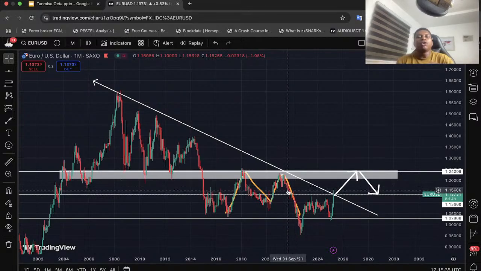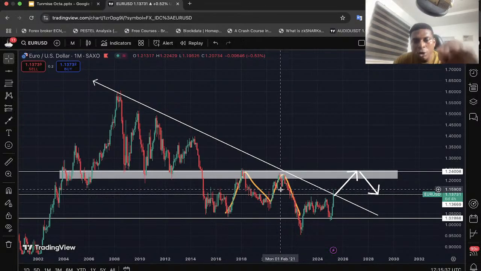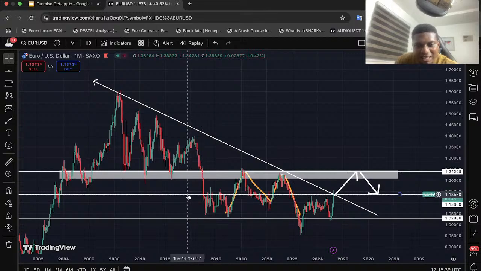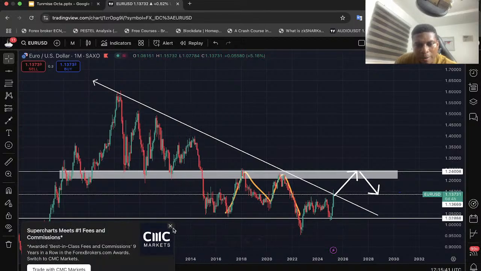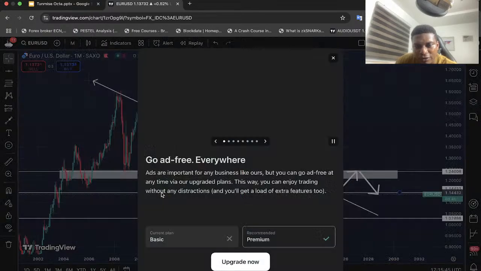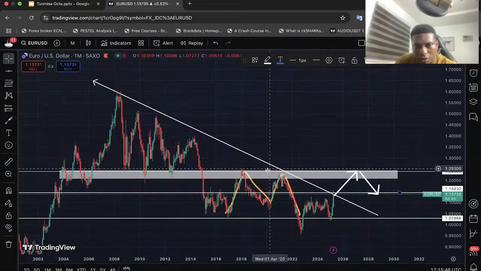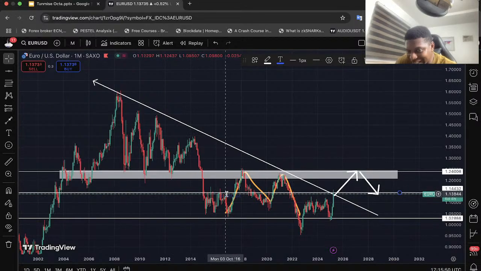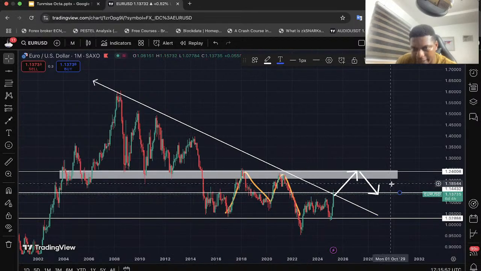Now, we want to go further. Looking at it, we currently see that price is at a level of resistance. Price is at a level of resistance here.